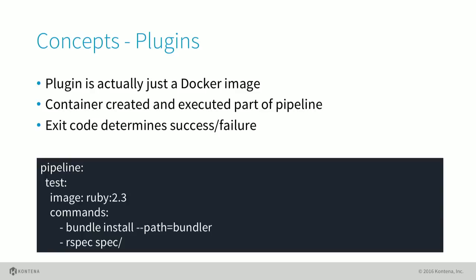To briefly go through the different concepts in a bit more detail. So the plugins are actually just Docker images. When Drone executes your build instructions, it creates this container and executes it, and basically the exit code of the container determines the success or failure of that step.